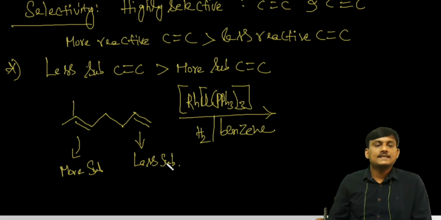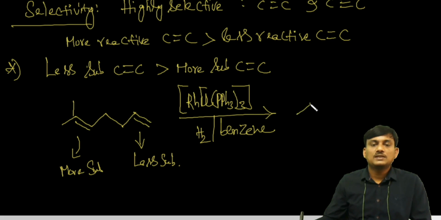In this case, the less substituted C double bond C is more reactive. So the less substituted C double bond C will be reduced and there is no reduction of the more substituted C double bond C.